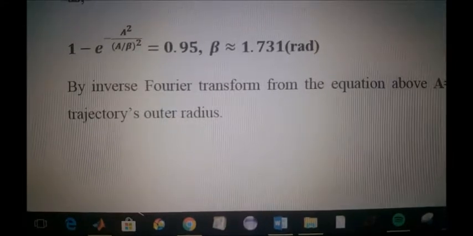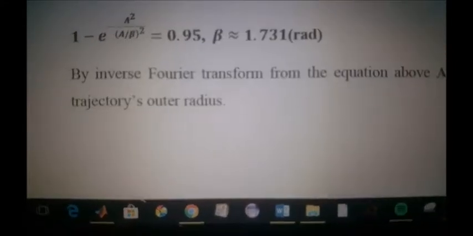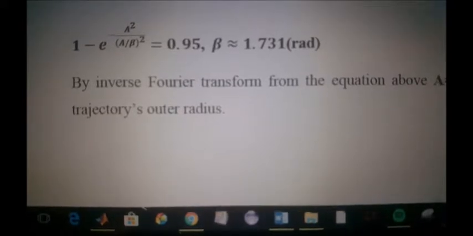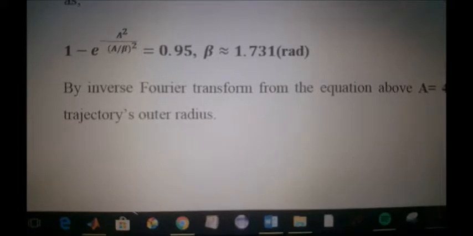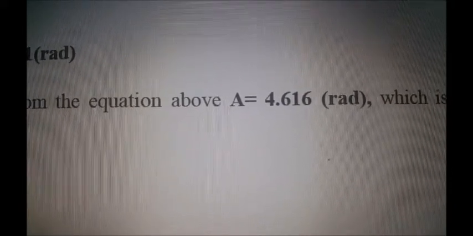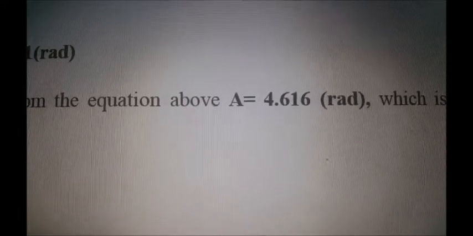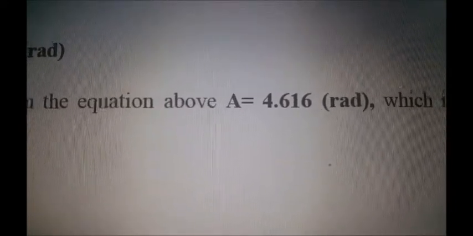So using the d of k equation and Fourier transform, I could come up with this equation and I get the beta parameter like this. Similarly, I could obtain the a parameter from the inverse Fourier transform of the d of k.